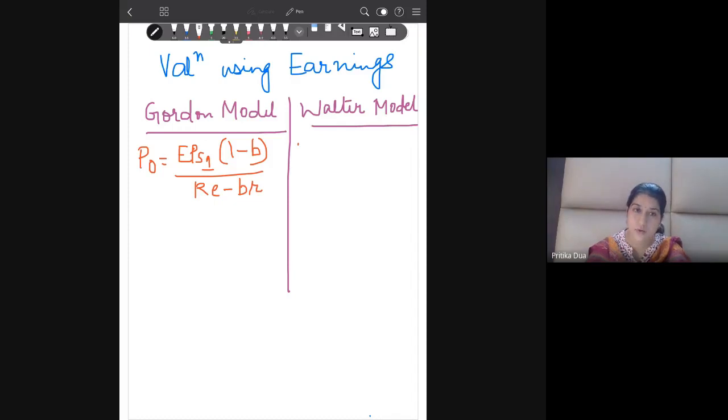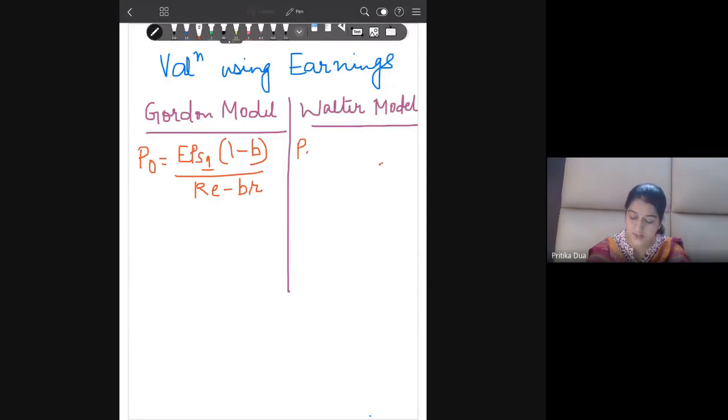So this was under the dividend decision and we were calculating the relevance of dividend decision for valuation of equity shares, and we were using the earning per share.